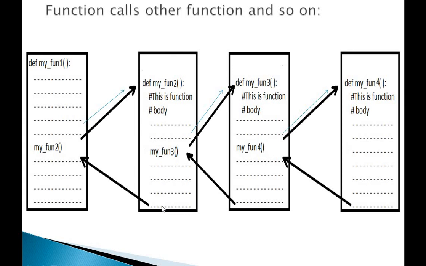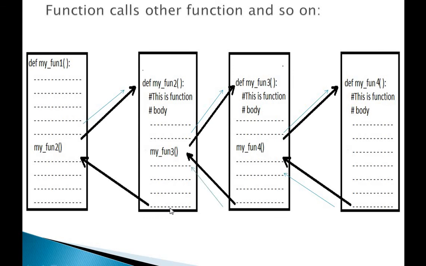Here, all the statements belonging to myFun4 will be executed, and then control starts returning from the last statement of myFun4. The control is transferred back to the line from where myFun4 has been called, and then the remaining statements belonging to myFun3 will be executed.